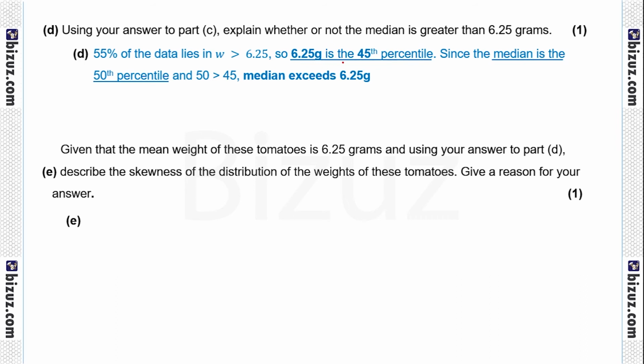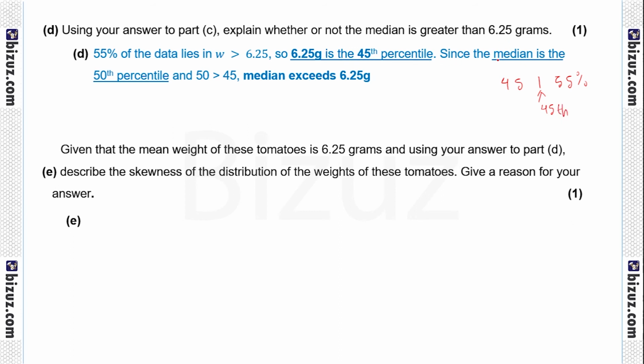So 6.25 grams is the 45th percentile. If 55% of the data lies beyond this point, so 45% lies in or to the left of this, or below this, so this must be by definition the 45th percentile.